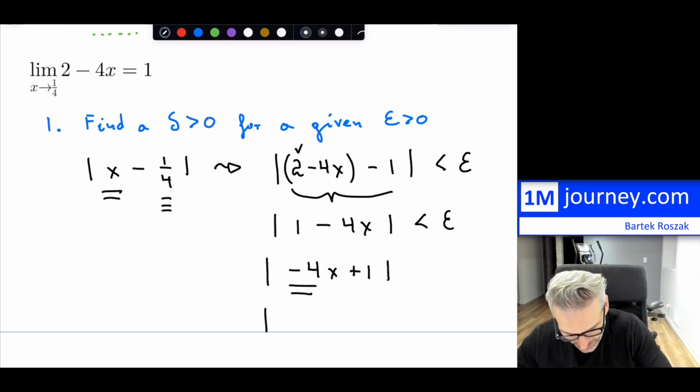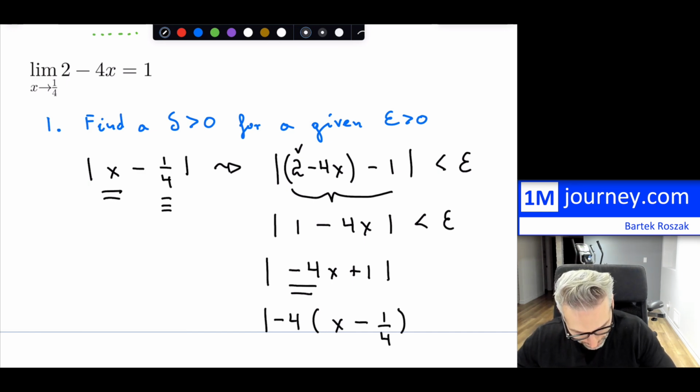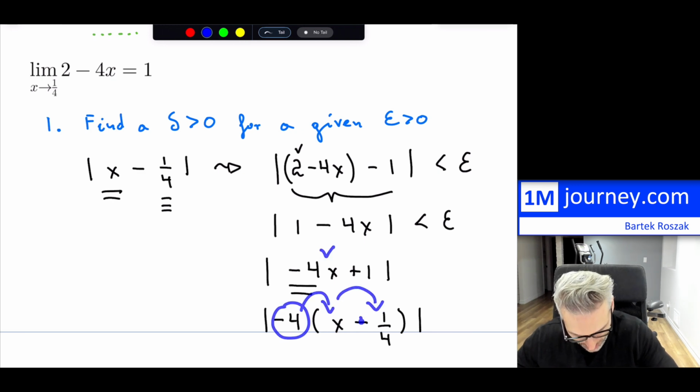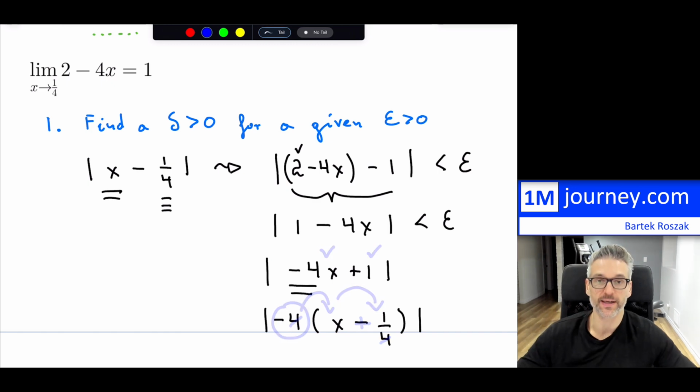Now this is going to be x, and this is going to become minus 1 over 4, right? Because if you factored out negative 4 and brought it back in, you would get this. And if you put this back in here, this again would become a plus. The 4 and the 4 would cancel, so you would get your 1.